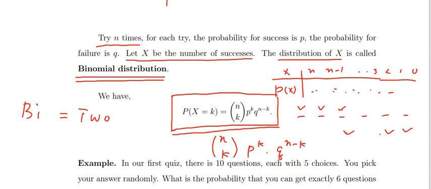Okay, so we have this formula: X equals k means the good thing happens k times.